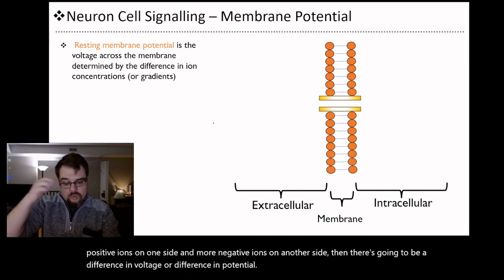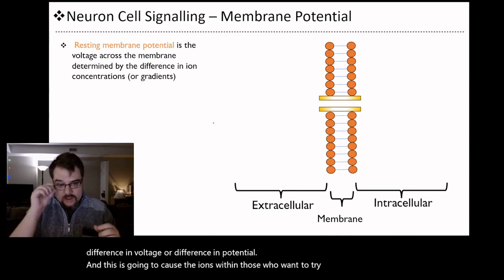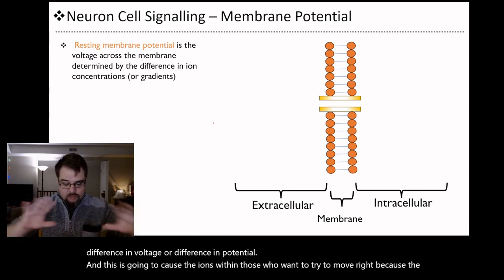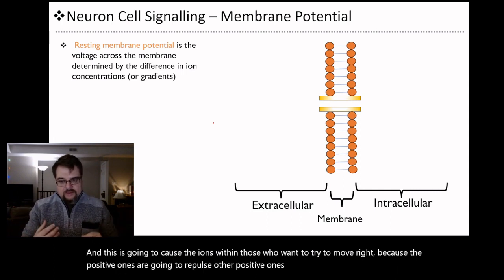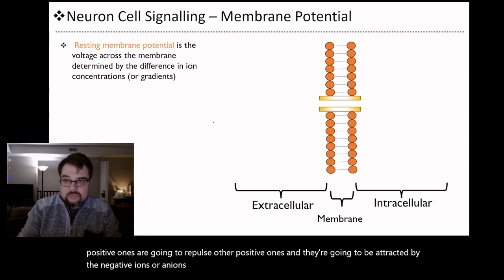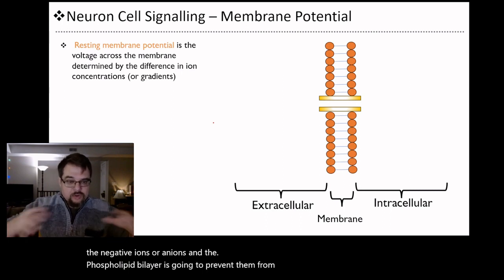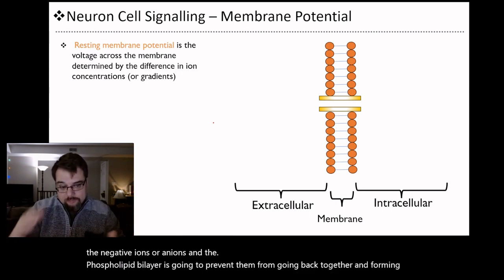And this is going to cause the ions within those to want to try to move, right? Because the positive ones are going to repulse other positive ones, and they're going to be attracted by the negative ions or anions. And the phospholipid bilayer is going to prevent them from going back together and forming some type of equilibrium.